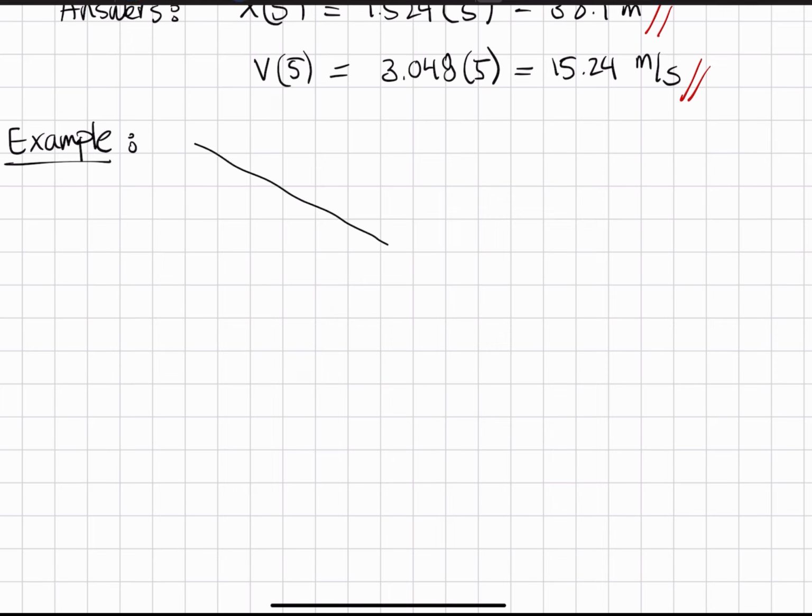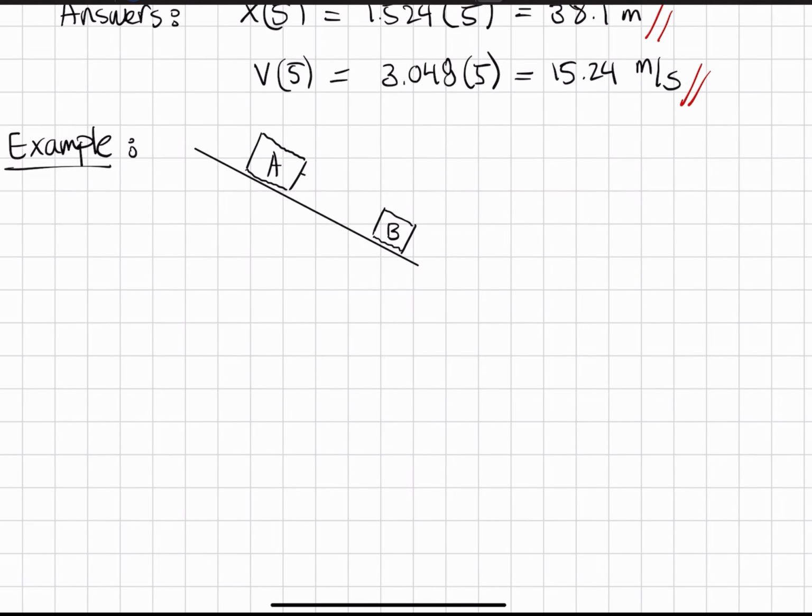we're given a slope that looks like this. On this slope, I have two masses. So we have mass A, and I have mass B on the slope as well. It's kind of smaller. There is a rigid link that is connecting the two.